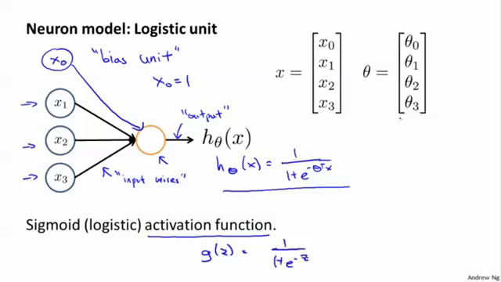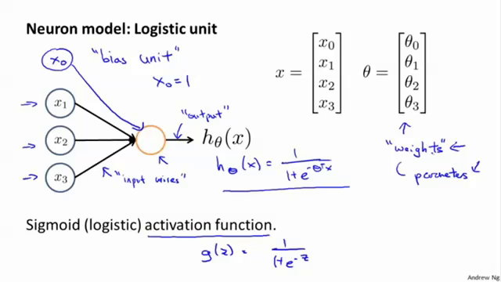And whereas so far I've been calling theta the parameters of the model, I'll mostly continue to use that terminology. But in the neural network literature, sometimes you might hear people talk about the weights of a model, and weights just means exactly the same thing as parameters of a model. I'll mostly continue to use the terminology parameters in these videos, but sometimes you may hear others use the weights terminology.